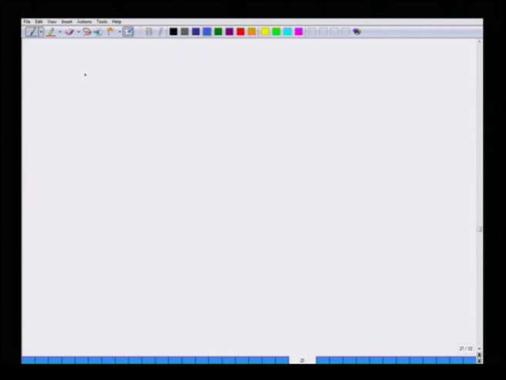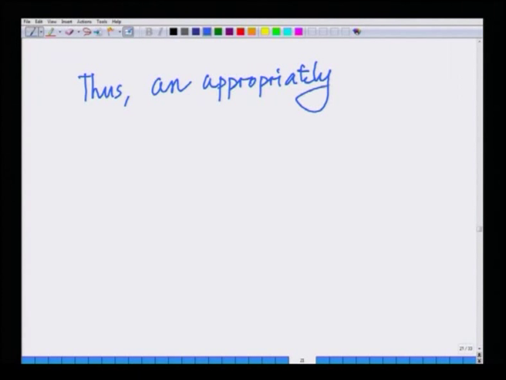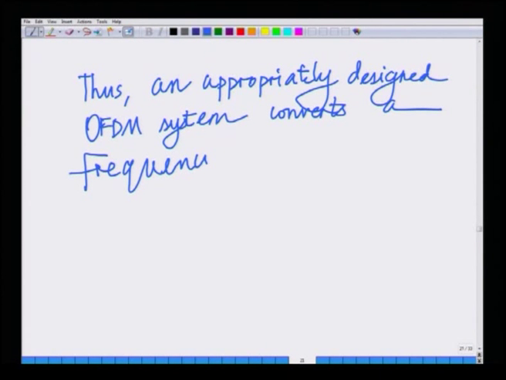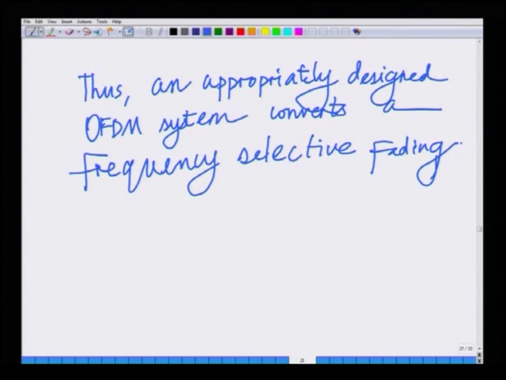Thus, an appropriately designed OFDM system converts a frequency selective fading channel with ISI into a set of parallel flat fading narrow band channels.